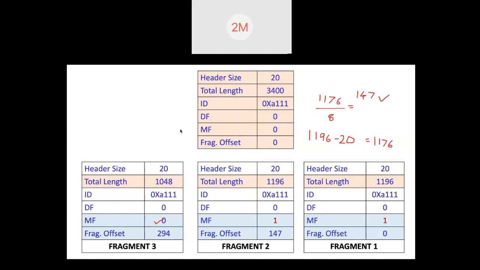Yes, yes. Sir, is the header size also included in the total length? Yes, yes. Total length is payload plus header. Okay, sir. That's why. Actually, I was having doubt in that. Yes, clear for everybody?